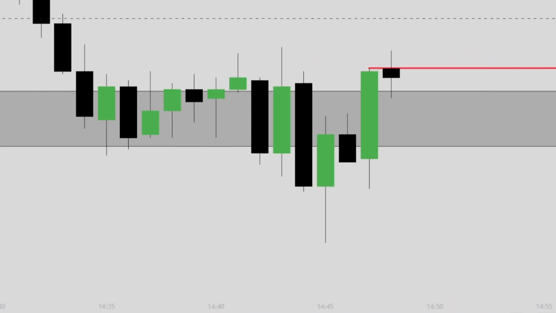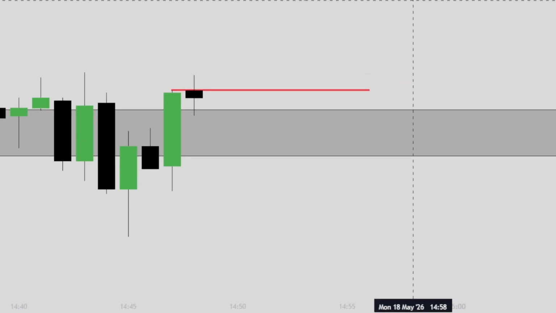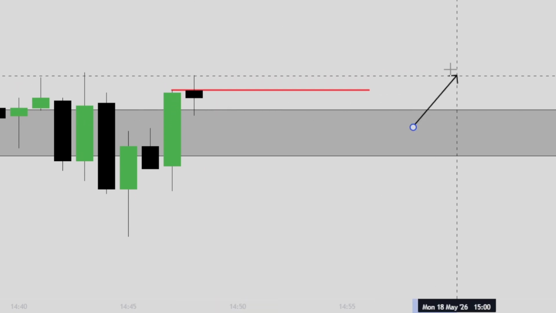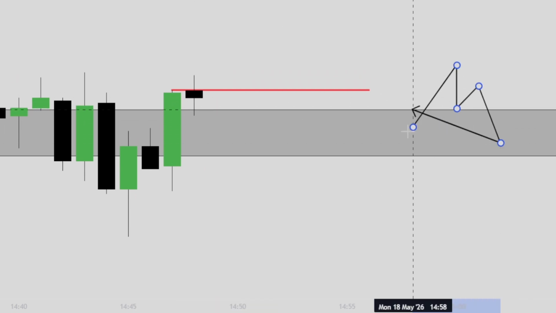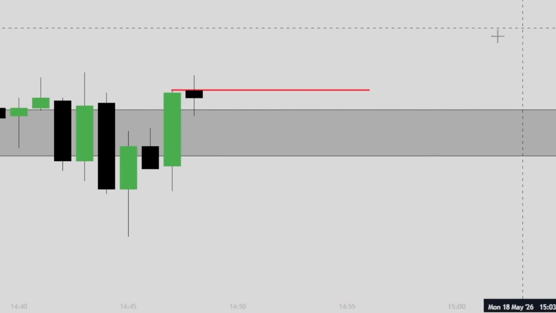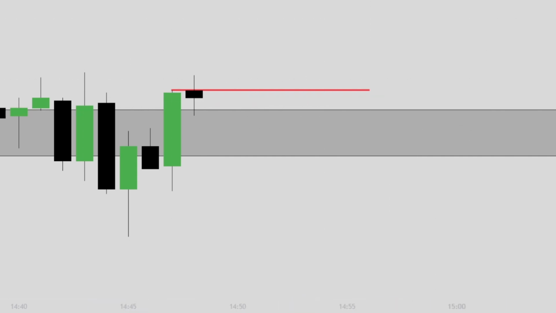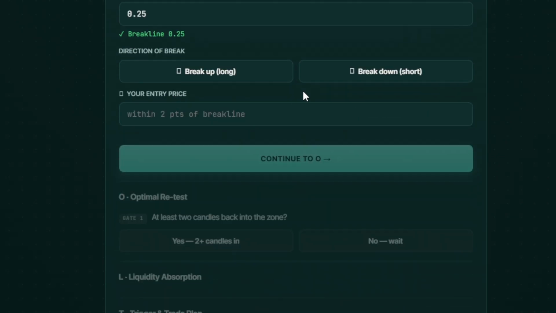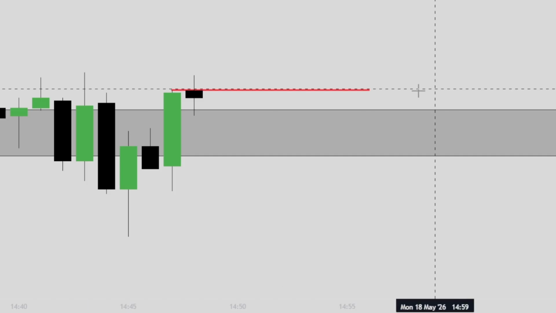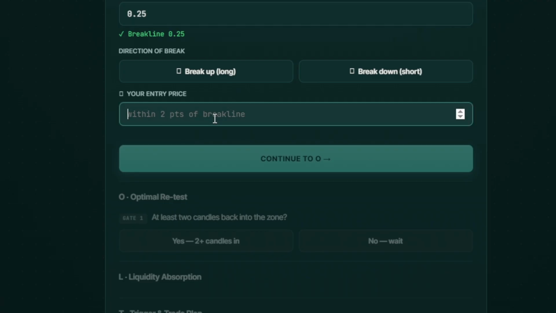In other words, the way that a break and retest works is you want to see a break, you want to see a retest, you want to study the retest and then go long when price pulls the trigger, when price gets above this break line here. And this is what the application forces you to do. So the break line price for here is 74.30. Right, so let's just write this down. 74.30. That is the break line price.